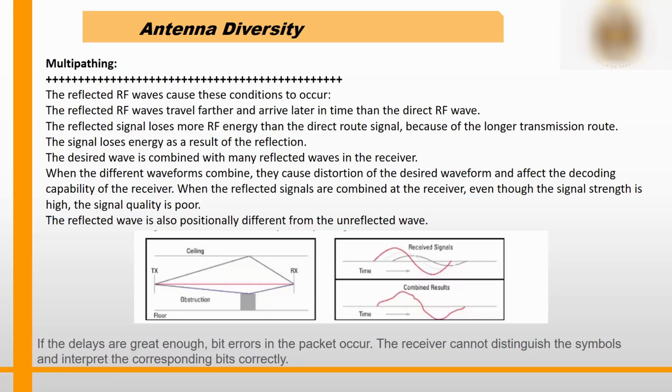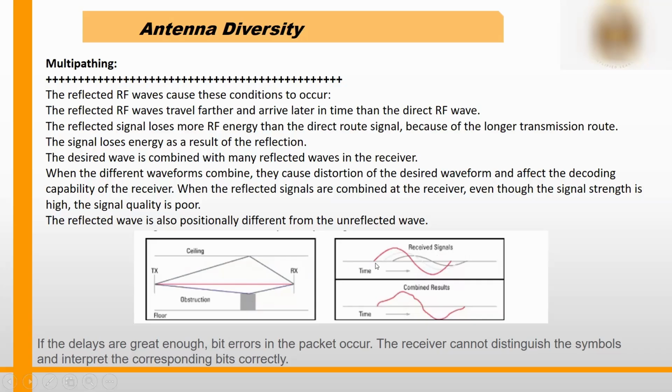Similar to that concept, when the outer wave hits some object, it again goes like this, like this, like this. So when the receiver receives it, it will think there are three signals. Whichever is the better signal with better signal strength, that is going to be considered. That's the receiver diversity.